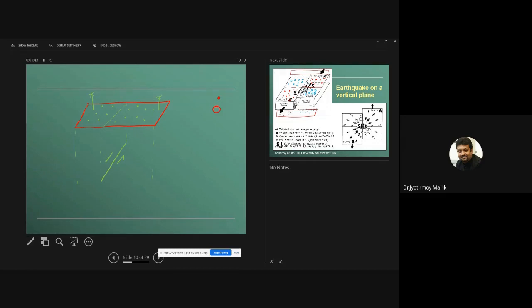Okay, so these seismometers have seen compressional first motion. These seismometers have seen dilational first motion. These seismometers have seen compressional first motion, and these seismometers have seen dilational.